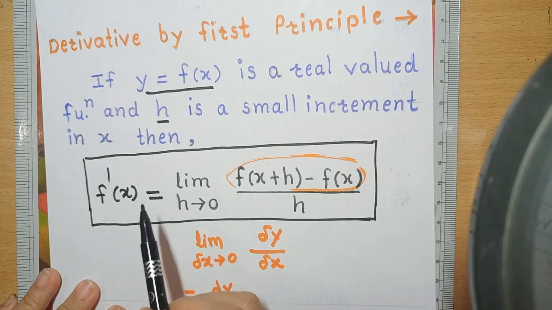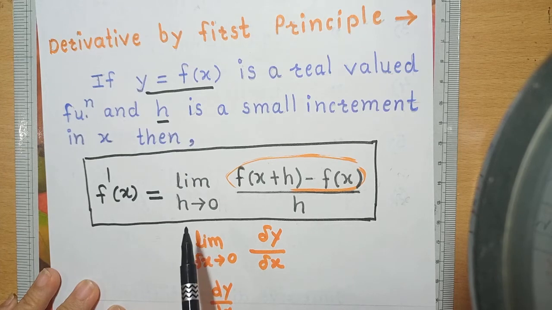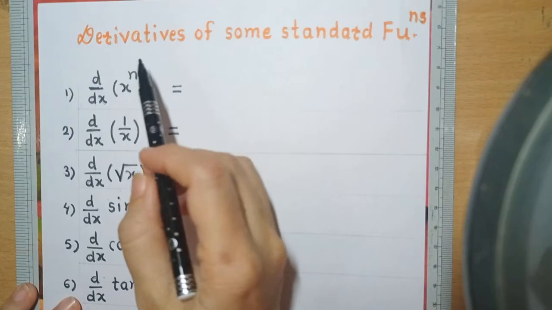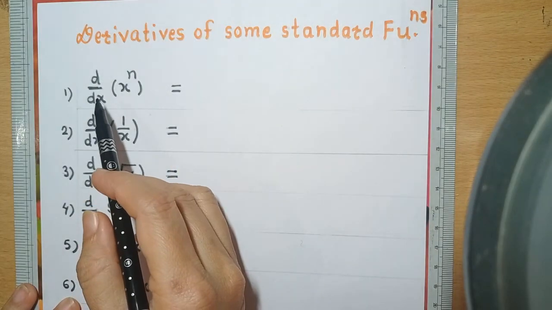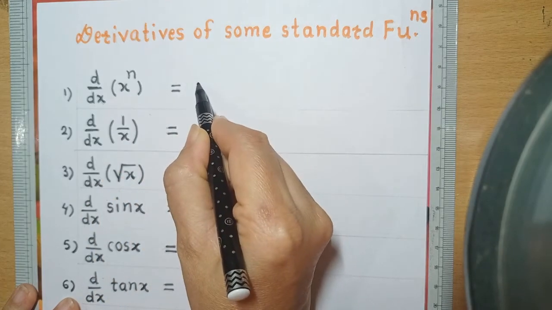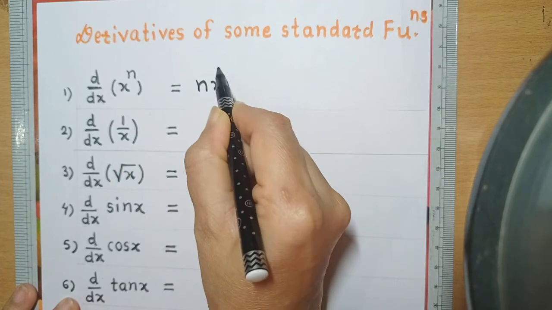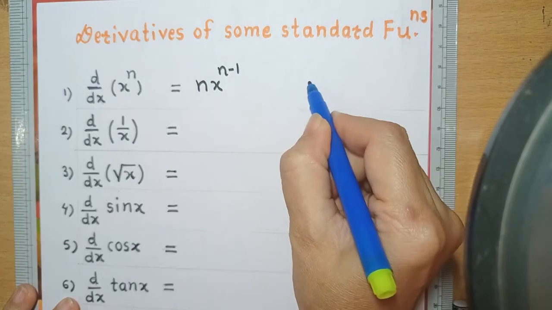By using this first principle, derivatives of some standard functions are derived. Let's check that. Here are derivatives of some standard functions, and first one is d by dx of x raised to n, and this formula is given as n x raised to n minus 1. Now let's see examples.